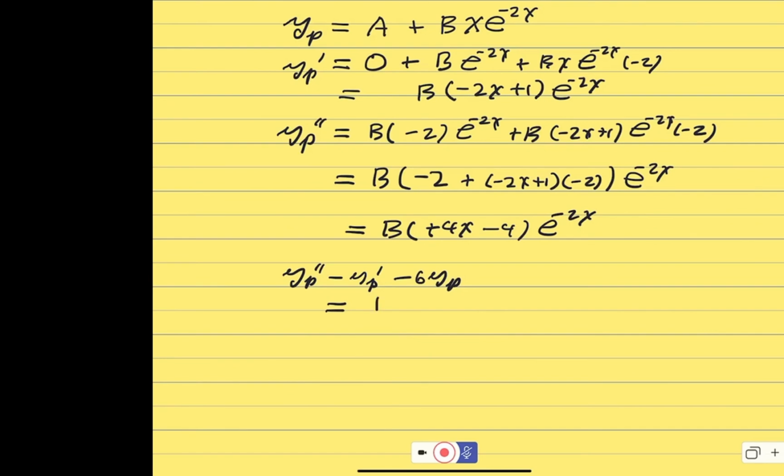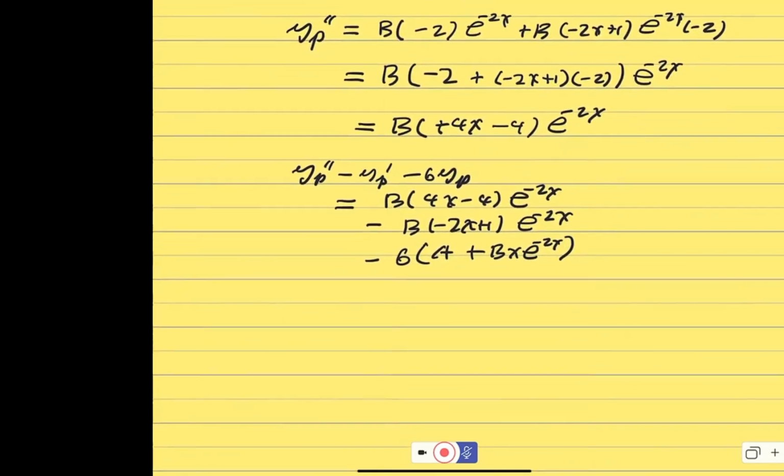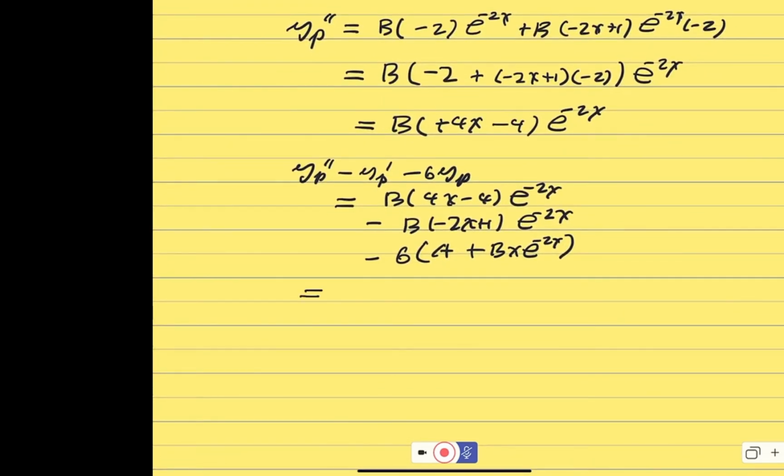Yp double prime is b times 4x minus 4 e to the minus 2x, minus yp prime. Yp prime we can read from up there, and that's going to be minus b times minus 2x plus 1 e to the minus 2x, and then minus 6 times yp, which was a plus bx e to the minus 2x.